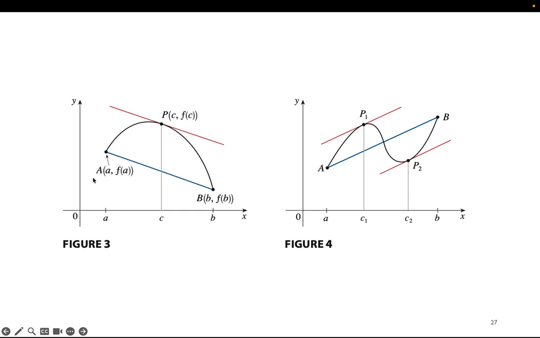So if you're driving on a road trip, your average velocity is this value. The theorem guarantees that there has to be at least one moment in time where your instantaneous velocity at that moment equals your average velocity.